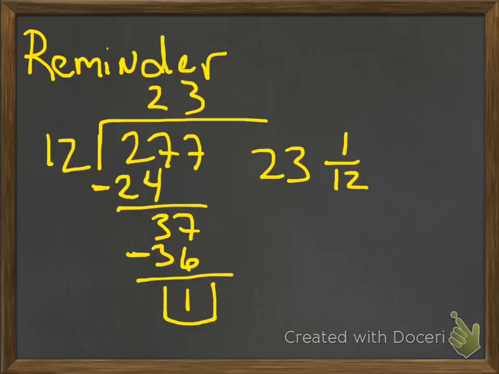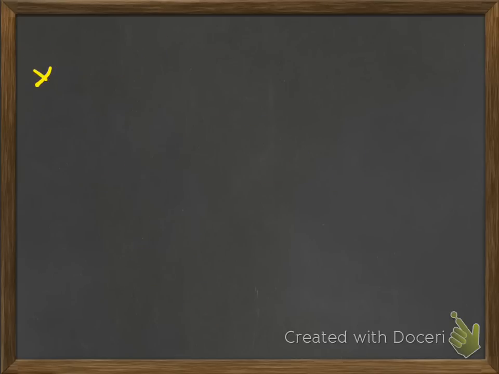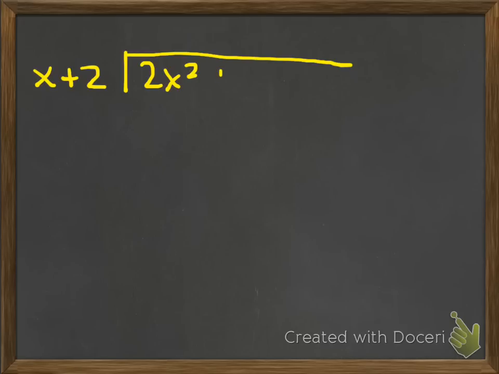I'm going to walk you through 3 examples. My first example is this: x plus 2 divides into 2x squared plus 7x plus 7. What you need to do here is look at the x and the x squared, and think about the 1 here.